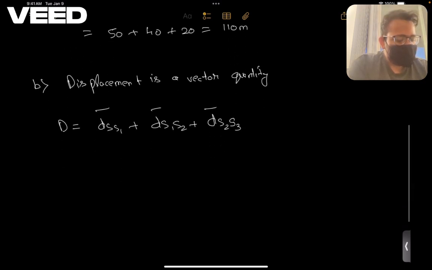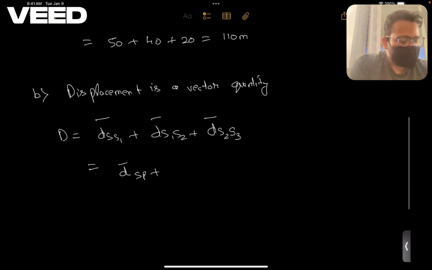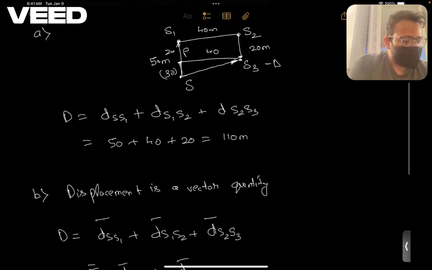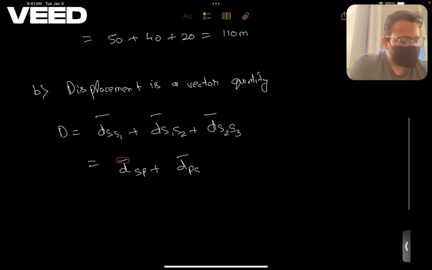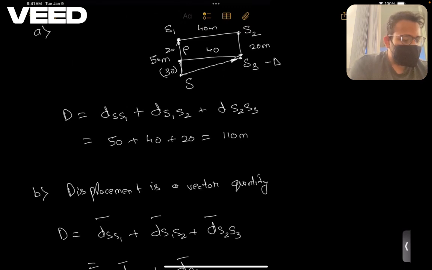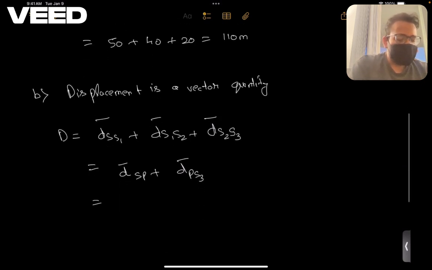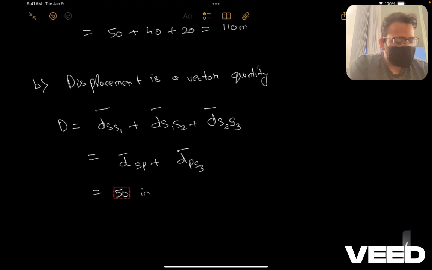So I can rewrite this as displacement from S to P plus displacement from P to S3, right? This seems pretty obvious as we have one side as 40 and one side as 30. We know 30, 40, 50 are Pythagorean triplets, so displacement should be 50 in magnitude.